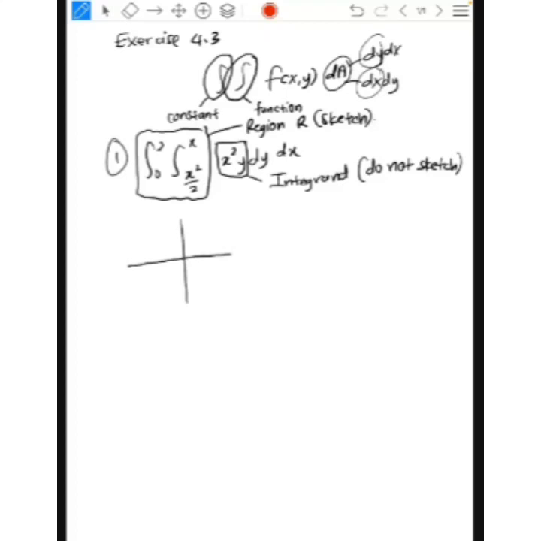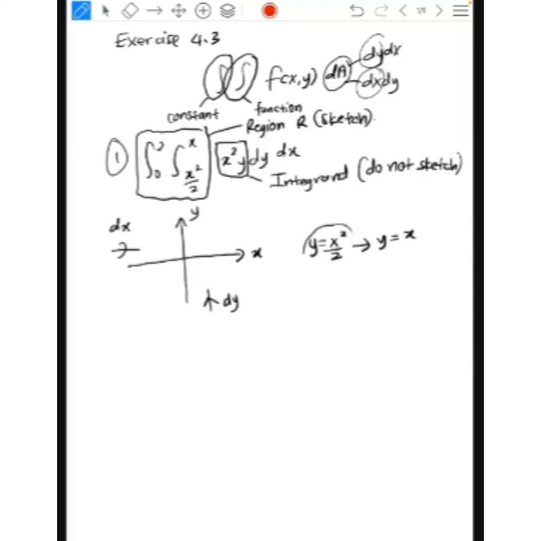Okay, so to sketch the region, you have to look back into the question. dy means you walk along the y-axis, from below to above. And for dx, you walk along the x-axis from left to right. So if you look into the limits, as you walk along the y-axis, you will see y equals x squared over 2 until y equals x.